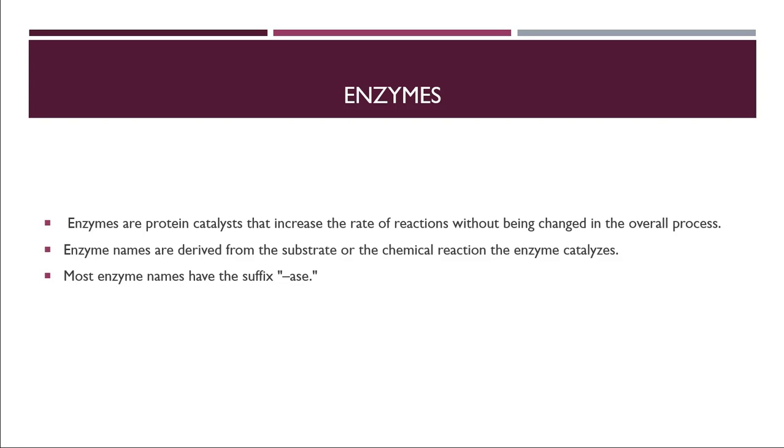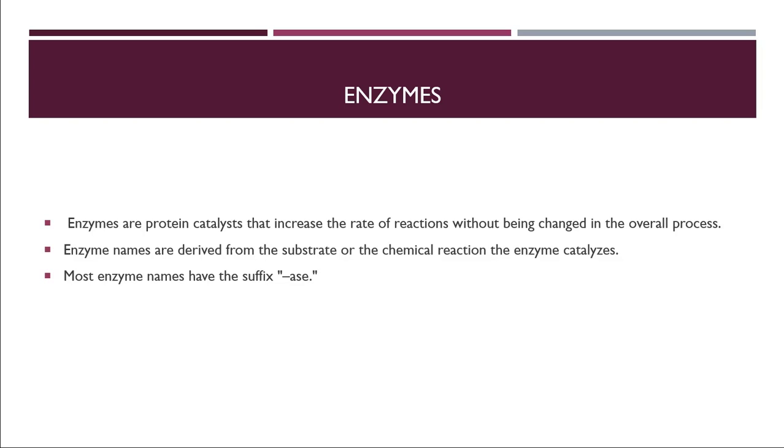So if I say we have a reaction that says transferase, it means something is transferring from one place to another, right? And if I use the word oxidoreductase, then I'm talking about oxidation or reduction here. So the word ase is basically giving me the idea that I'm talking about an enzyme.